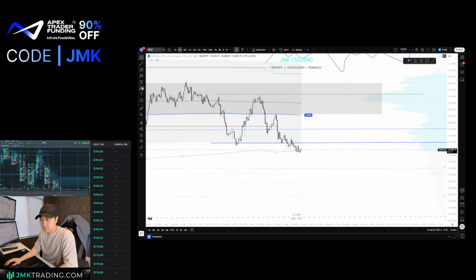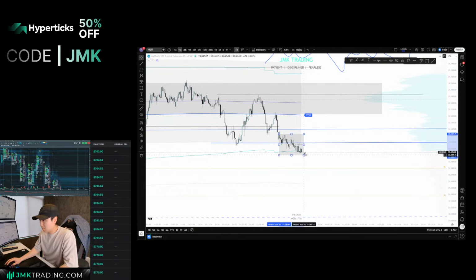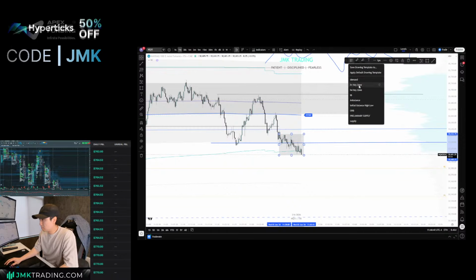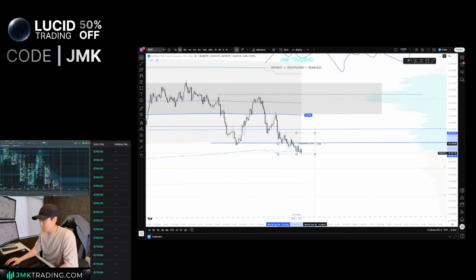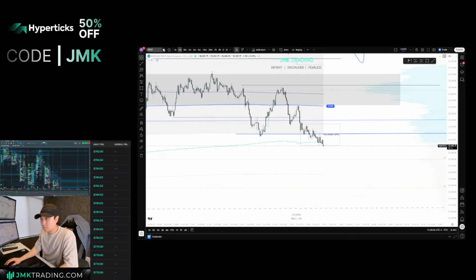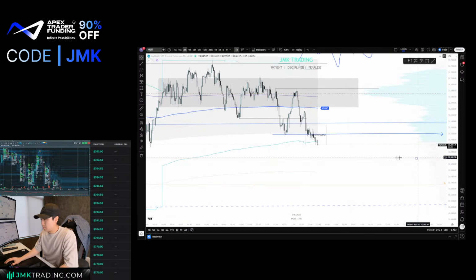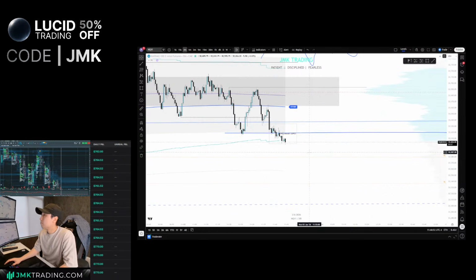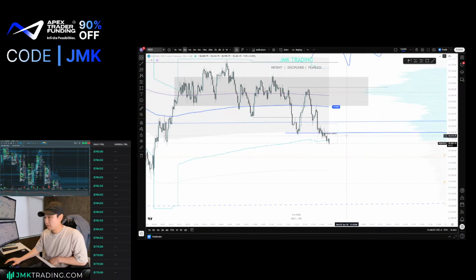It's still looking good. This is your preliminary supply for a drop. Trade looks really good.